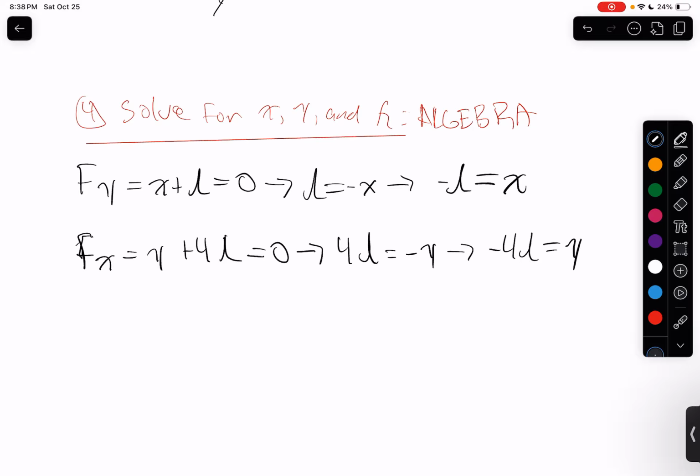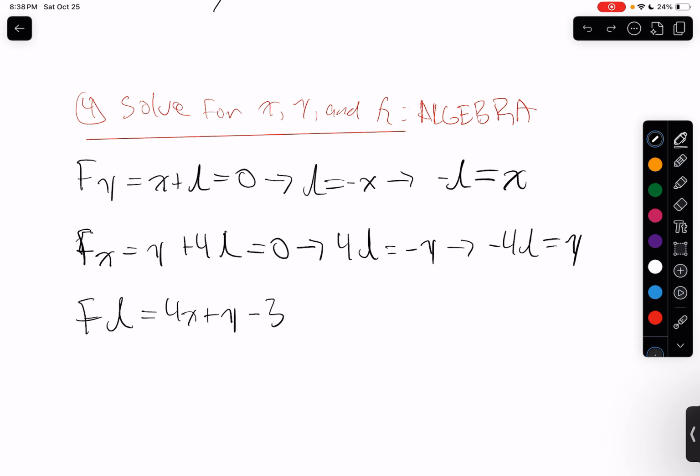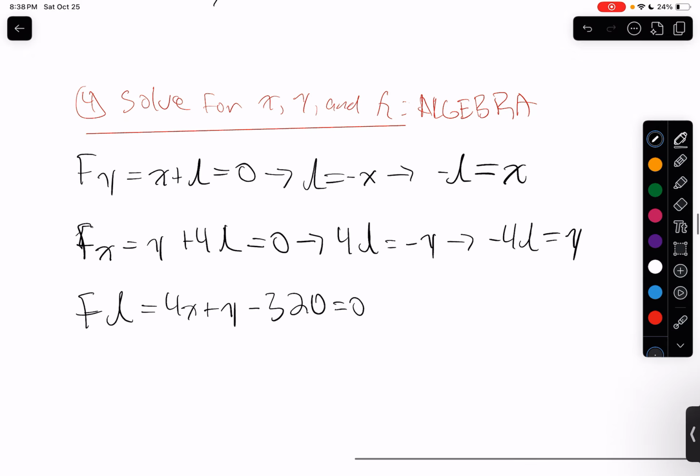Good. Next, we're going to use our f lambda equation and plug in the values for x and y. And that's going to get us f lambda, which equals 4x plus y minus 320 equals 0. Okay.